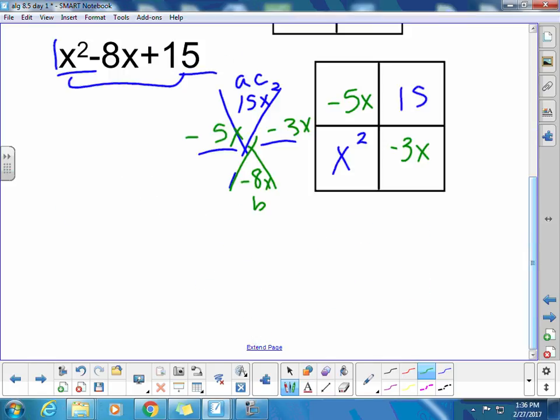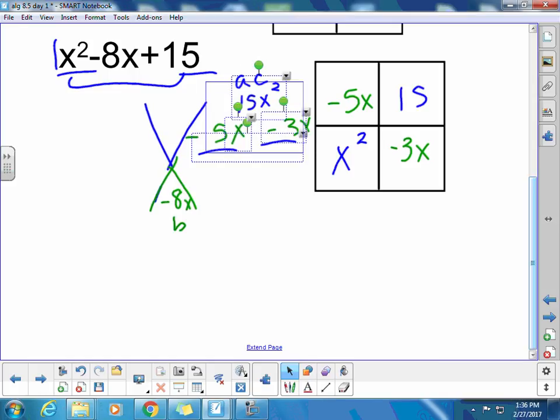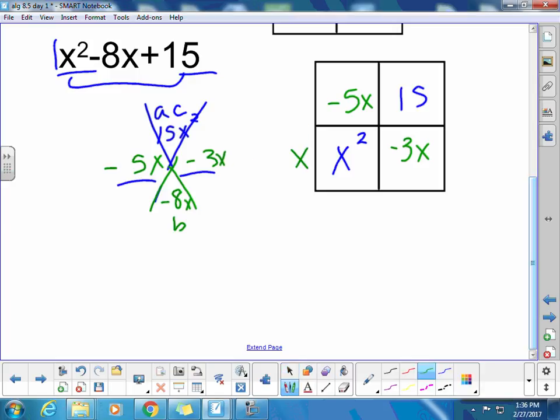And this time, we just do the same thing that we've done before with the box. I'm trying to scooch this over. Hold on. Yep. So again, I'm going to need to come up with things that multiply together to give me x squared.